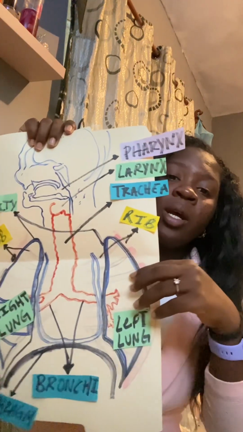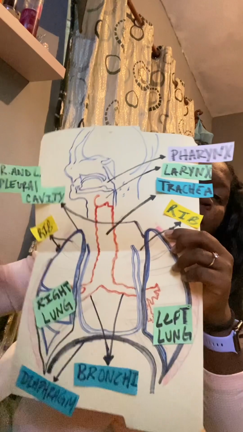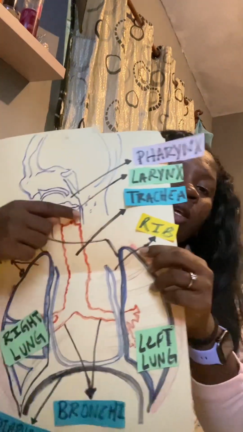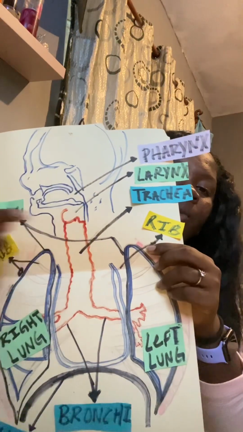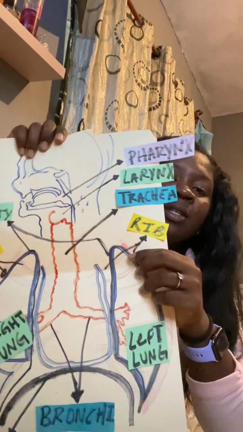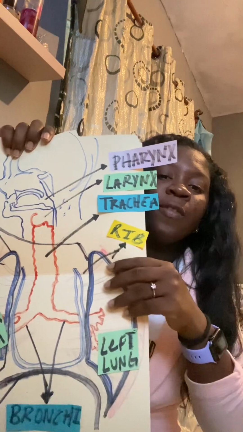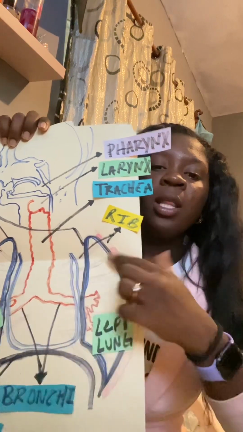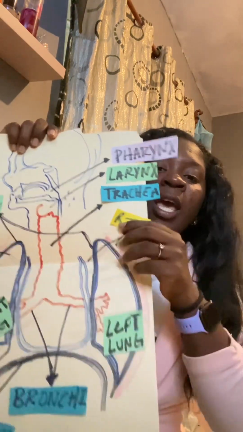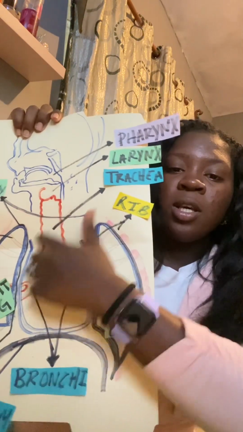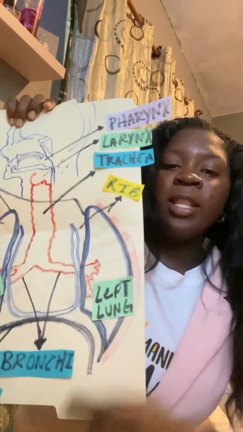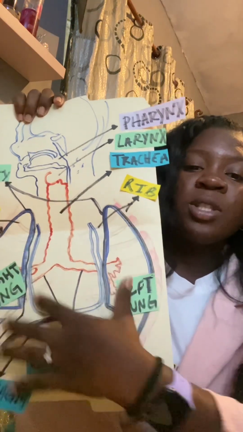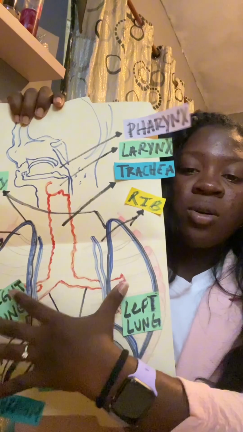Notice over here we have the infraglottic cavity, and right over here we have the glottic cavity, right? So the first step of the production of the voice is to get air into the lungs. In the infraglottic cavity, we are going to find a diaphragm, which is a diamond-shaped muscle situated under the lungs.